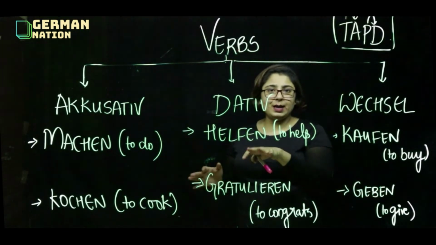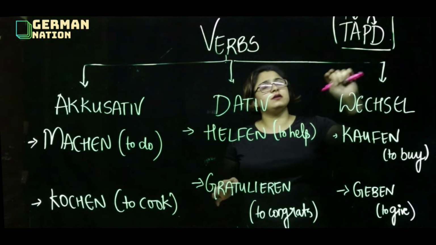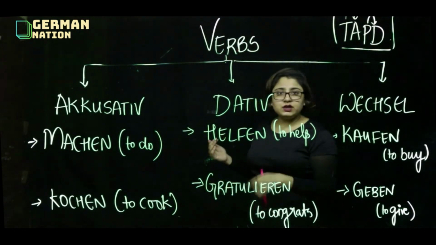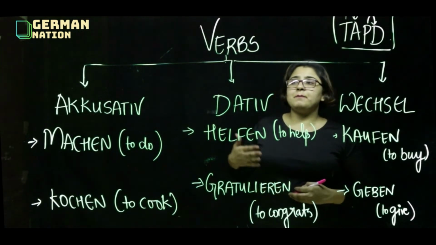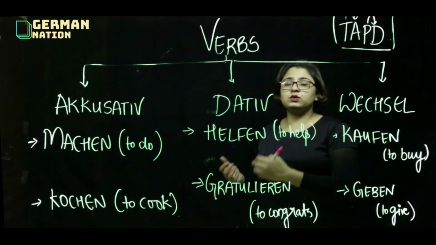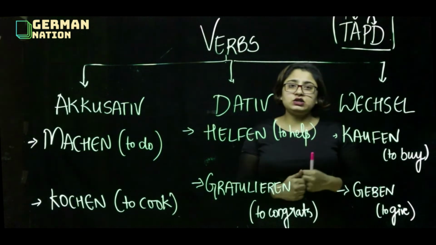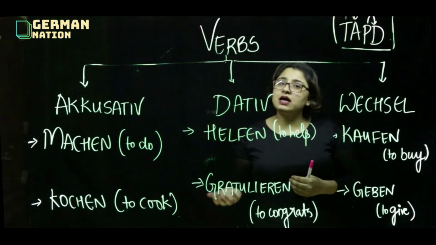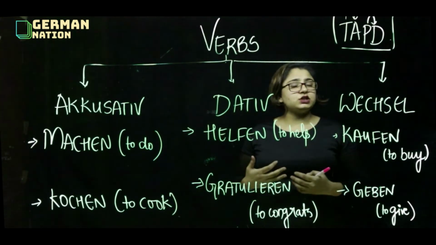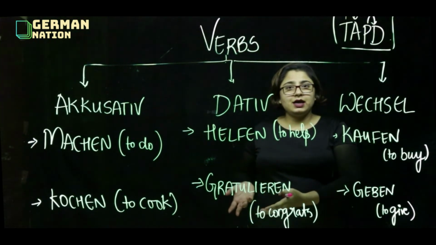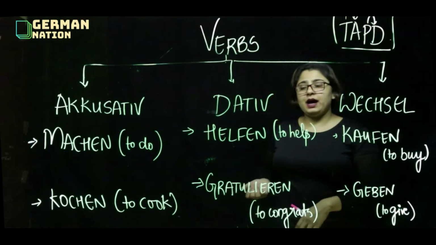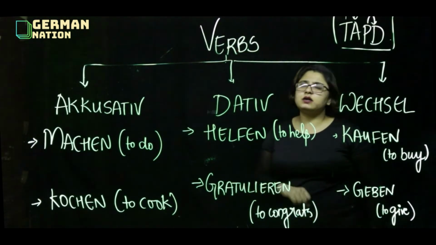With helfen, we are actually addressing a person. Correct? Gratulieren as well. Gratulieren is to congratulate. I congratulate my child. Students congratulated their teacher. I congratulated my husband. So, congratulation is also addressing a person. Correct? And that is the quality why these verbs are written under dative.